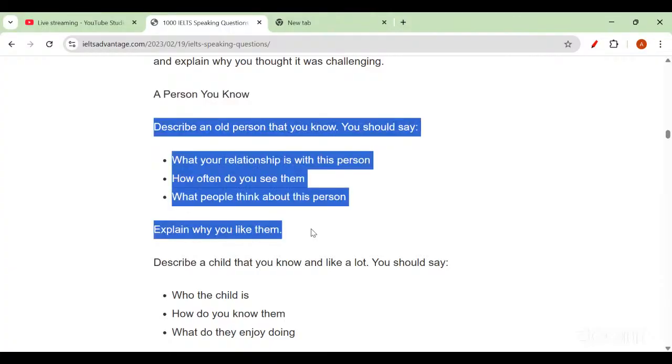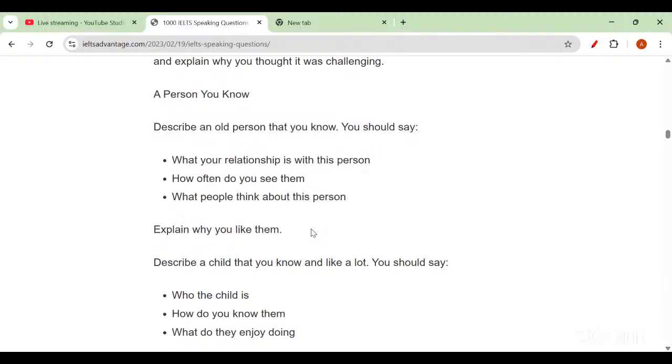An old person that I know is my grandfather. His name is Mohabbat Khan. He was Subedar Major in the Pakistan Army, and my relationship to him, I am his nephew.